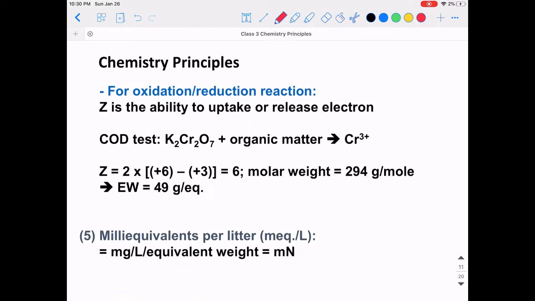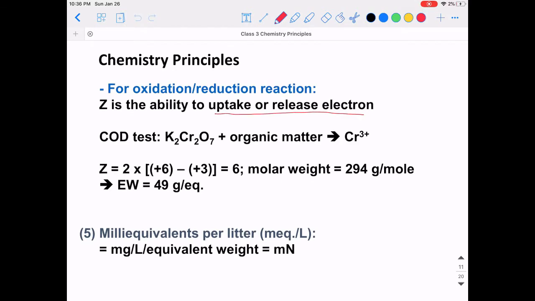Similarly, for the oxidation reduction reactions, Z is the ability to uptake or release electrons. Typically, we're going to use potassium dichromate for the COD test. COD here represents the chemical oxygen demand. This is a parameter that basically relates to the quality of the water.